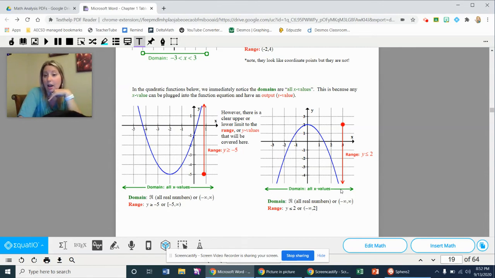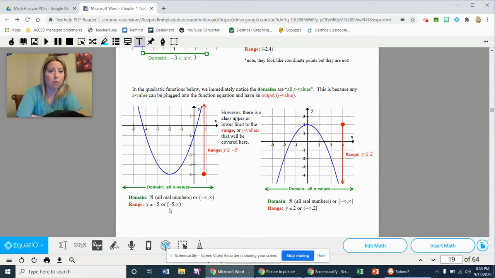And notice again, I have a domain of all real numbers. So all the x values are what my domain is in this case. We call that all real numbers, or this fancy dancy R right here. If you're writing all real numbers in interval notation, you actually put an open parenthesis, negative infinity to positive infinity, and then an open parenthesis again, because infinity is not a closed concept. It's open to the fact that there is no smallest and no largest.